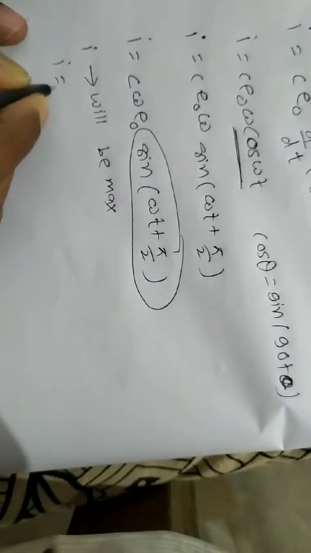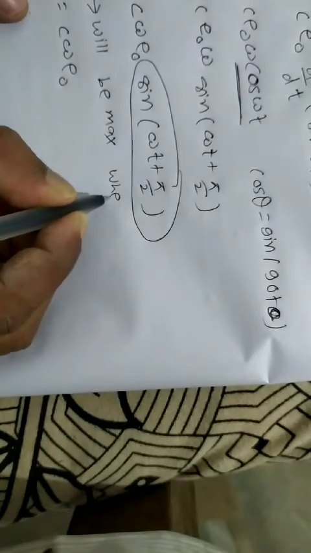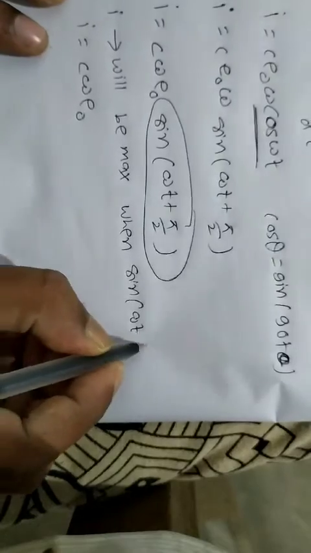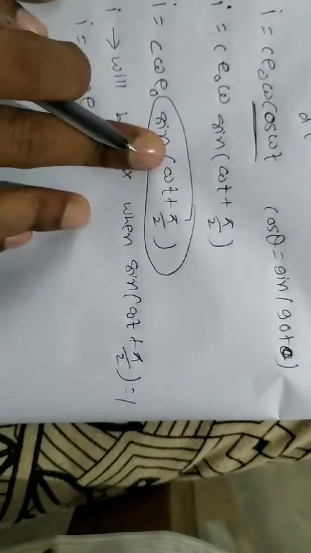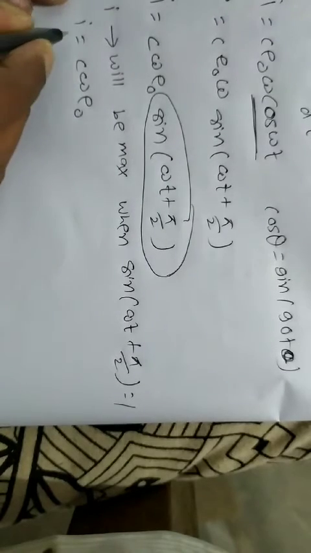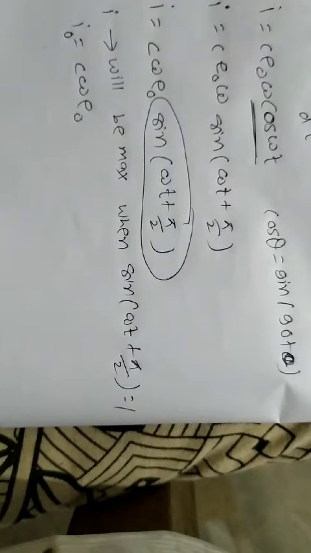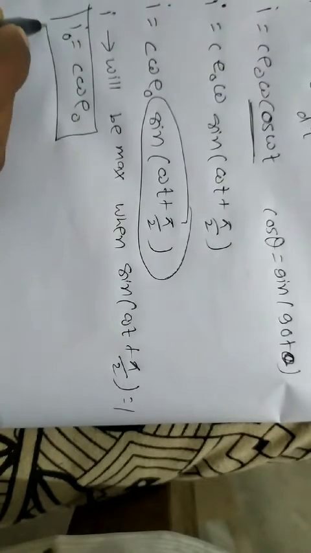So the current will be maximum when sine of omega t plus pi by 2 is equal to 1. The maximum current is known as peak current, I naught. So I naught will be equal to C omega E naught.